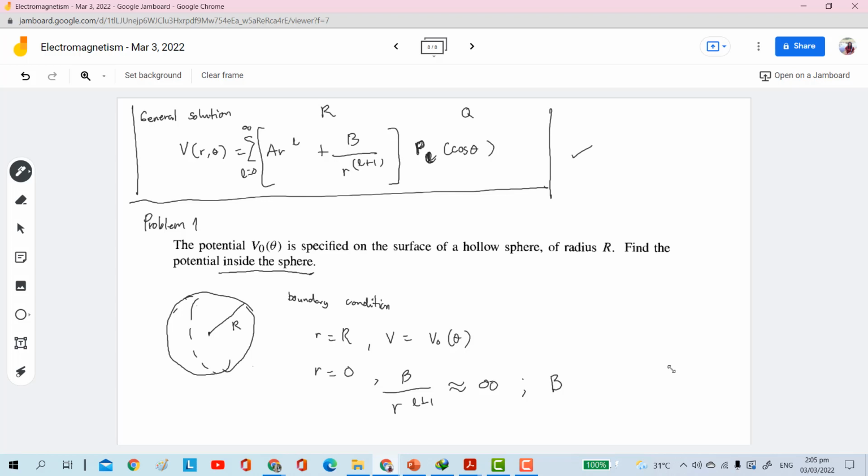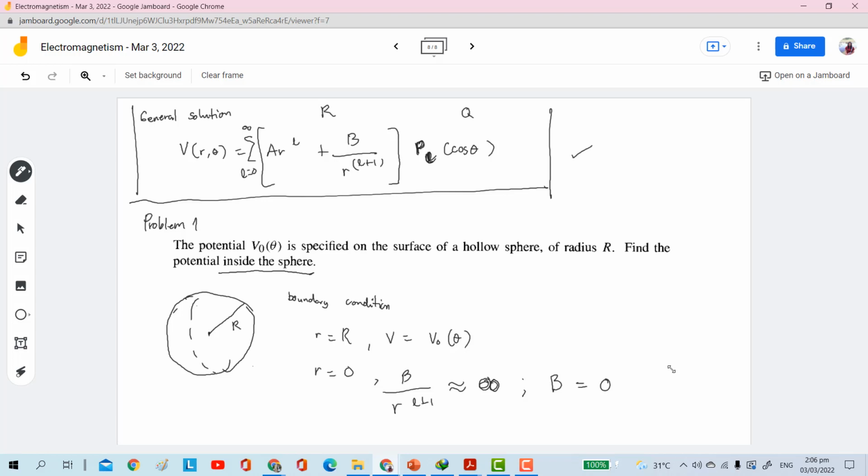So, para maiwasan ni siya nato nga situation, kay dili man jud ni siya nato appeal sa ato ang pangitaan og potential class anywhere inside the sphere, including the origin, no? What is the potential inside the sphere, including kining diri sa origin, or kining sa center? Okay, so para maiwasan ni siya nato, it should be that ang imuang B is equal to 0.